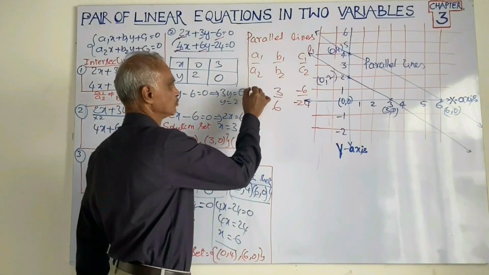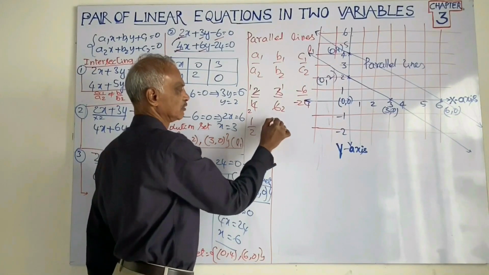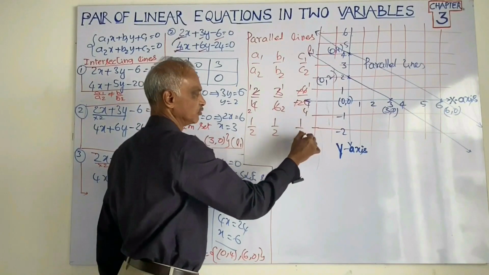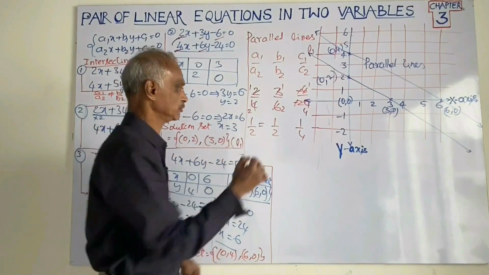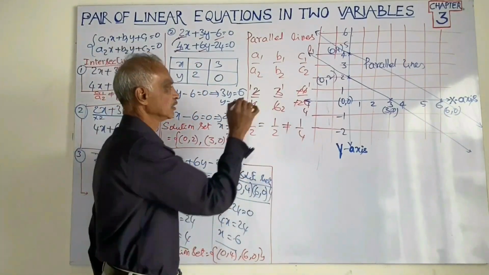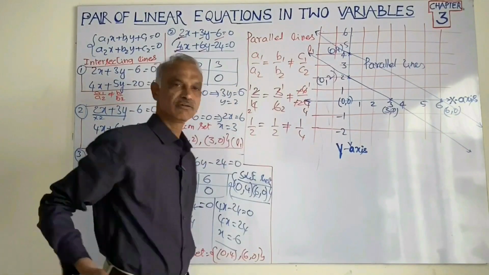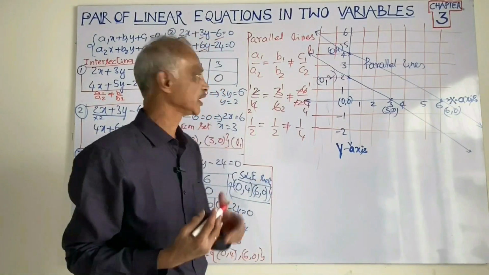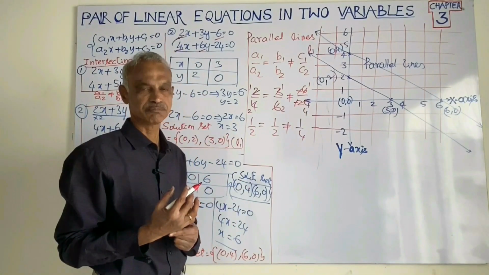You cancel: 2 ones are 2, 2 twos are 4, so 1 by 2. 3 ones are 3, 3 twos are 6, so 1 by 2. 6 ones are 6, 6 fours are 24, so 1 by 4. What do you observe? This is equal to 1 by 2, equal to 1 by 2, and not equal to 1 by 4. You can say equal to and not equal to. For parallel lines, a1 by a2 is equal to b1 by b2 is not equal to c1 by c2.